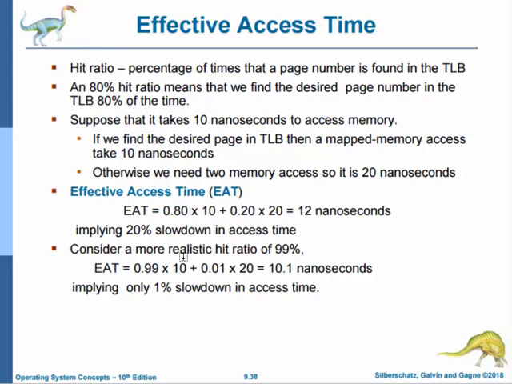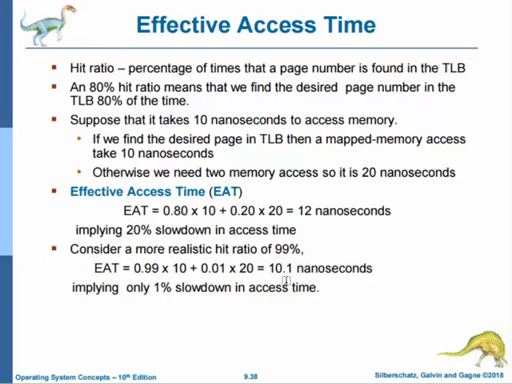It can be computed as 80%, or 0.80, multiplied by 10 nanoseconds plus 20% multiplied by 20 nanoseconds, which is equal to 12 nanoseconds, implying that there is a 20% slowdown in average memory access time, from 10 to 12 nanoseconds.